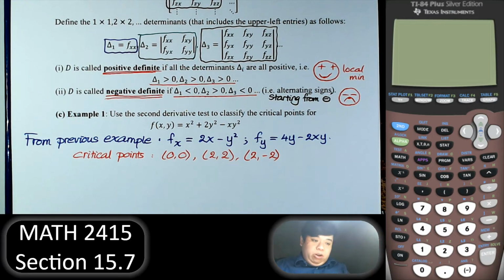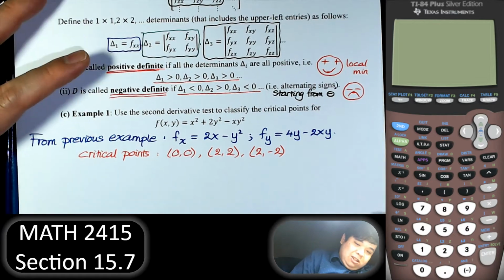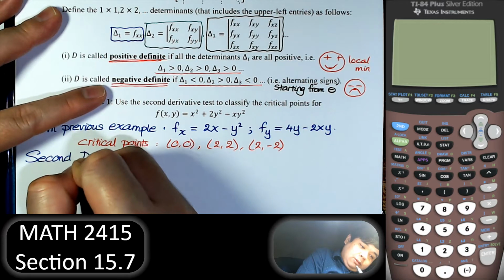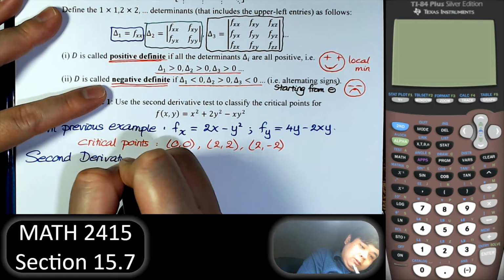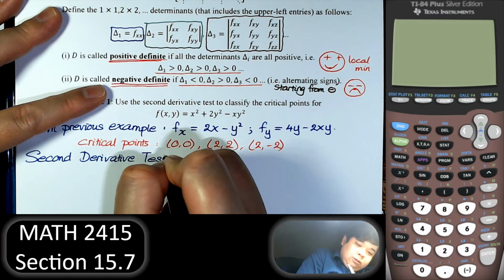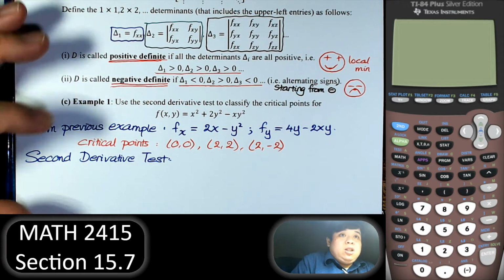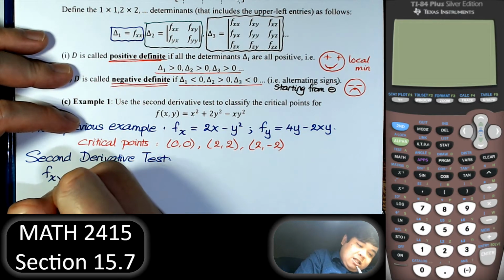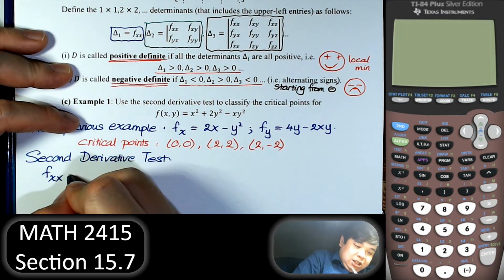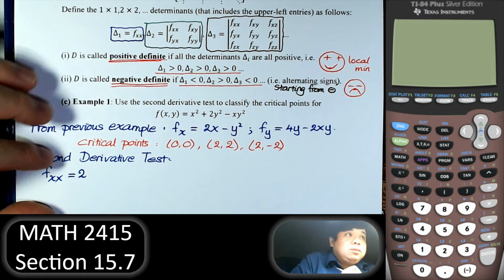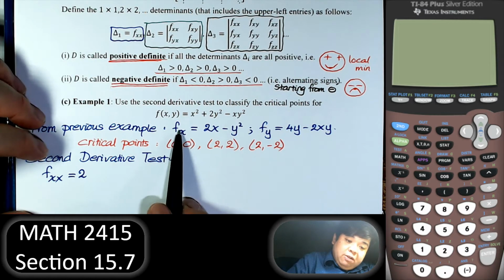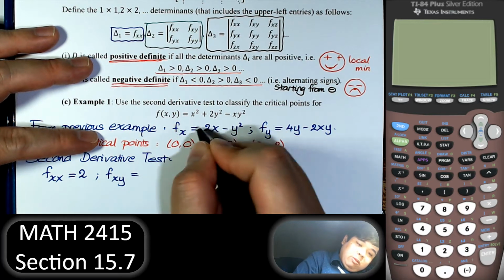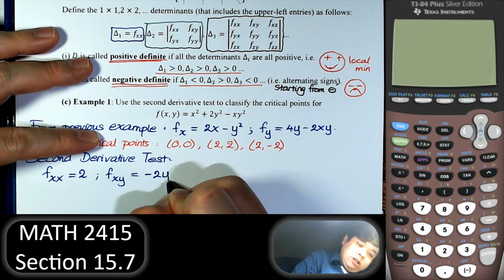That's what we have from the previous example. Now we will use the second derivative test. Of course, for the second derivative test, we need the second derivatives. f_x is that, so f_xx, the derivative of this with respect to x, is going to be 2. The derivative of this with respect to y, f_xy, is negative 2y.